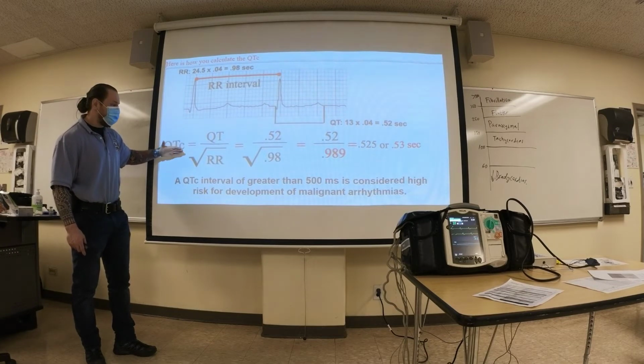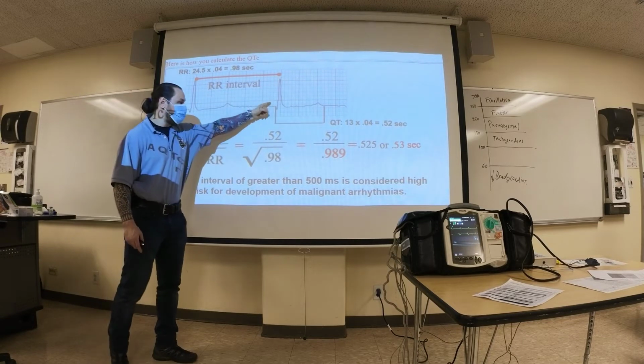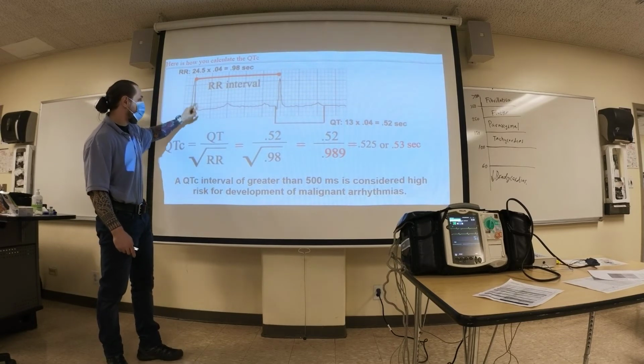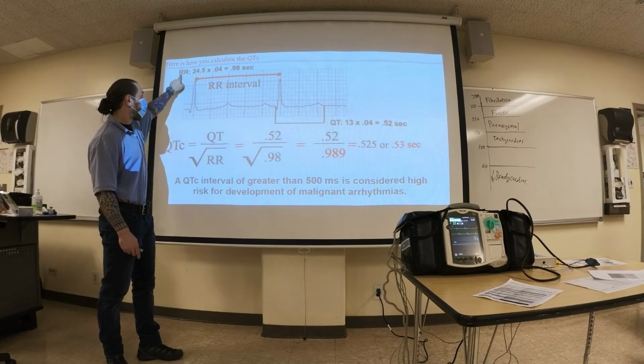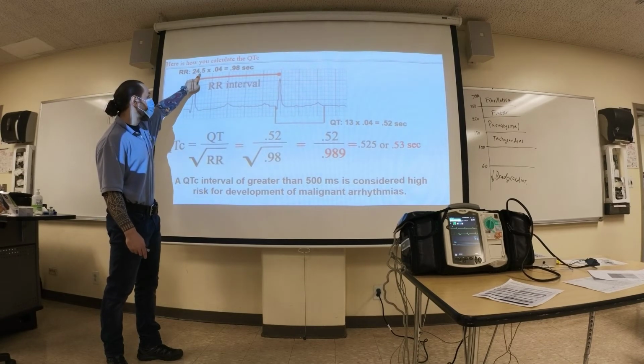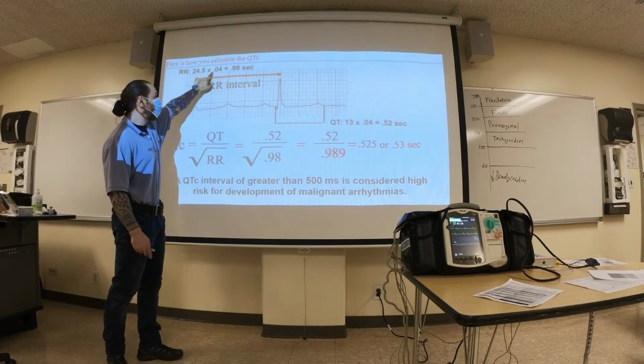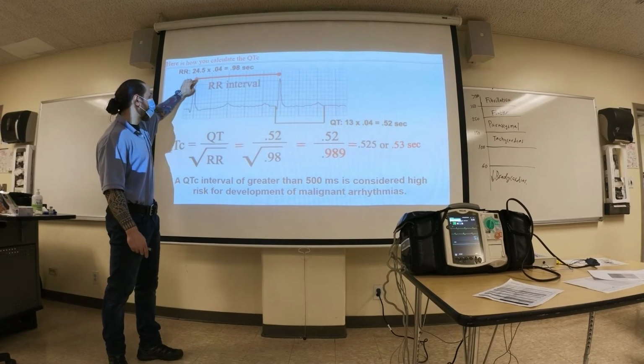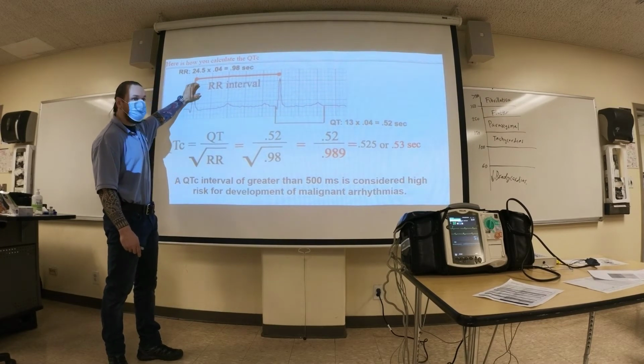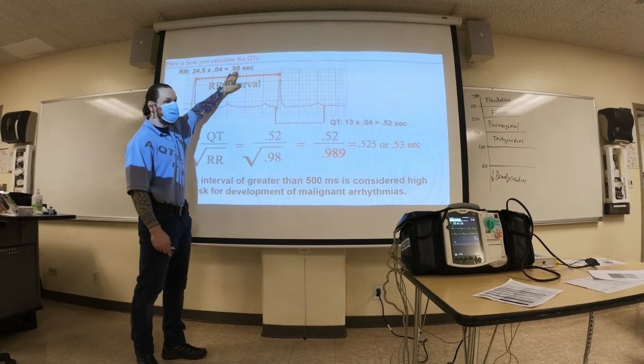So it has to be corrected for the heart rate. He looks at the R to R interval and counts the number of small boxes. Here, the number of small boxes is 24.5. He multiplies it by 0.04 seconds per small box, and that comes out to 0.98 seconds.